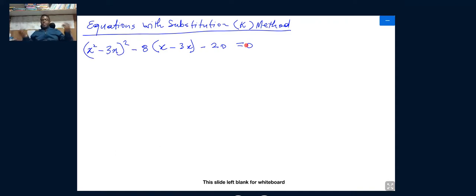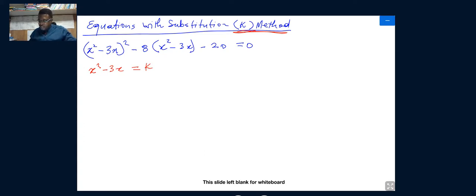You can solve this, but it's just too clumsy. As I said before, in mathematics, what is it that we do? We simplify things. So we can simplify this one too. So this is the reason why it is called a K method. Why it's called a K method is because we're taking this term x squared minus 3x, we equate it to k.